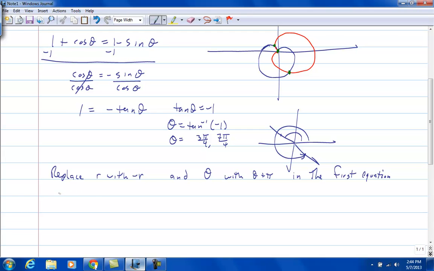So then we'd have negative r equals 1 plus cosine of theta plus pi.